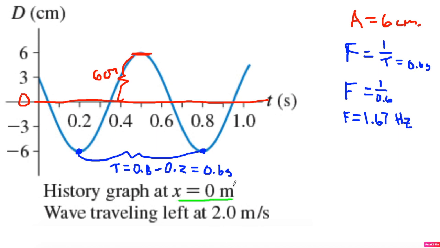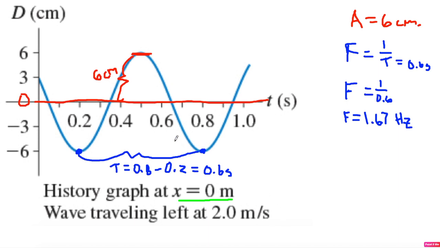So 0.6 as the period measures the amount of time it takes for that single point to complete one cycle. But what we want is the wavelength, which is based on the snapshot graph, a graph showing how the entire wave looks at one individual second. Therefore, wavelength is a measurement of the length of a wave, while the period is a measurement of how long it takes one part of a wave to repeat itself.